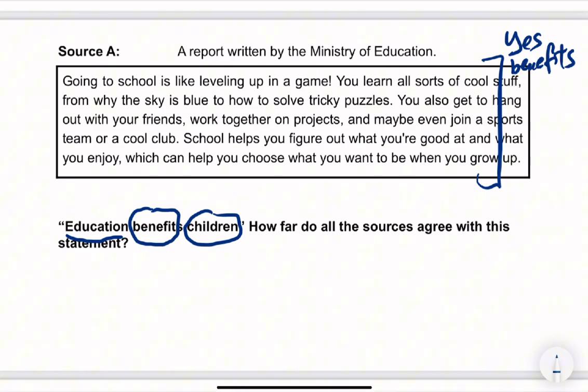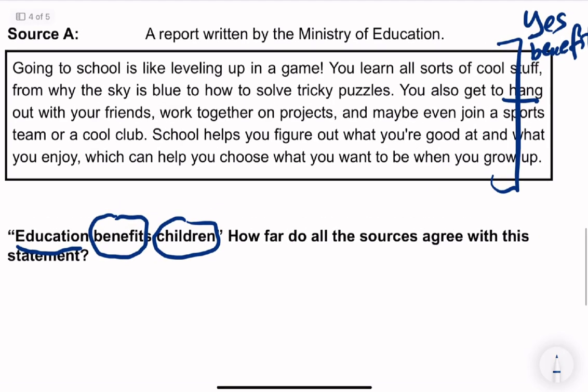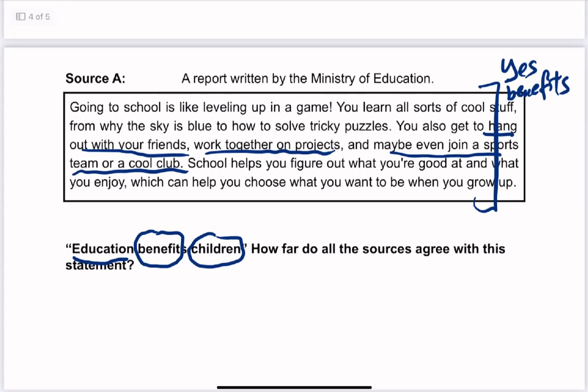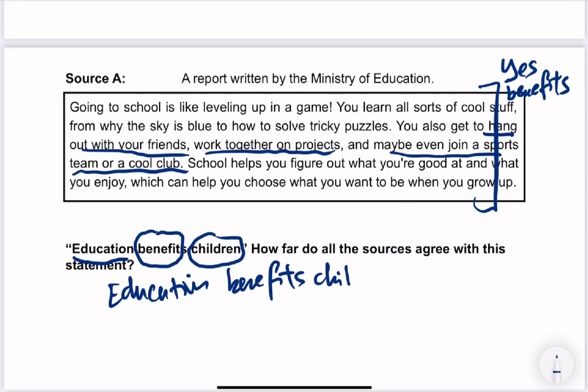Okay, so in this case here, if we take a look at all this, learn all sorts of cool stuff, hang out with your friends, work together on projects, maybe even join a sports team or cool club. So in this case, what I would actually recommend is that, for example, education benefits children.